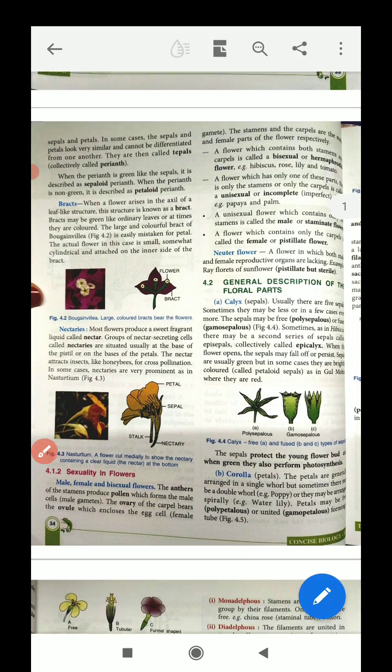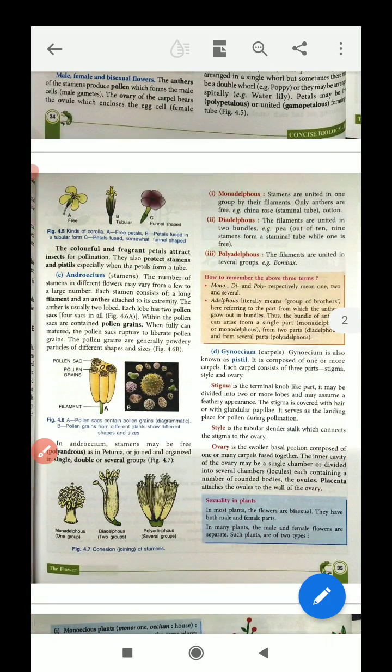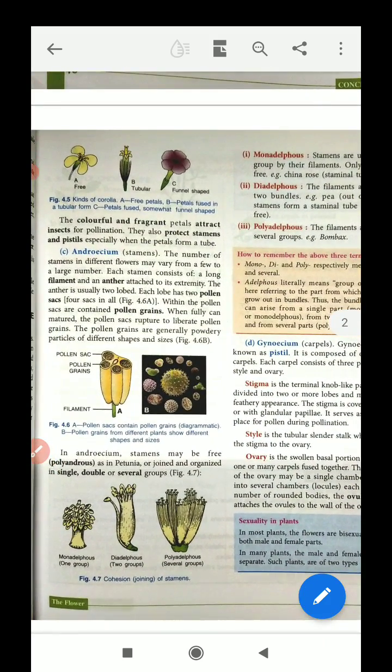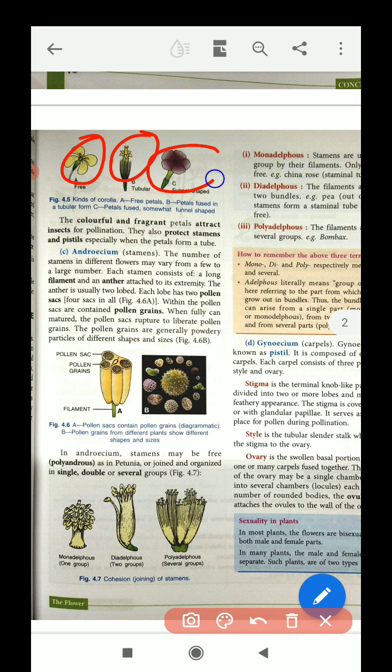Here is the picture: you can see free petals, petals fused in a tubular form, and petals totally fused, funnel shaped. There are different types of petals.